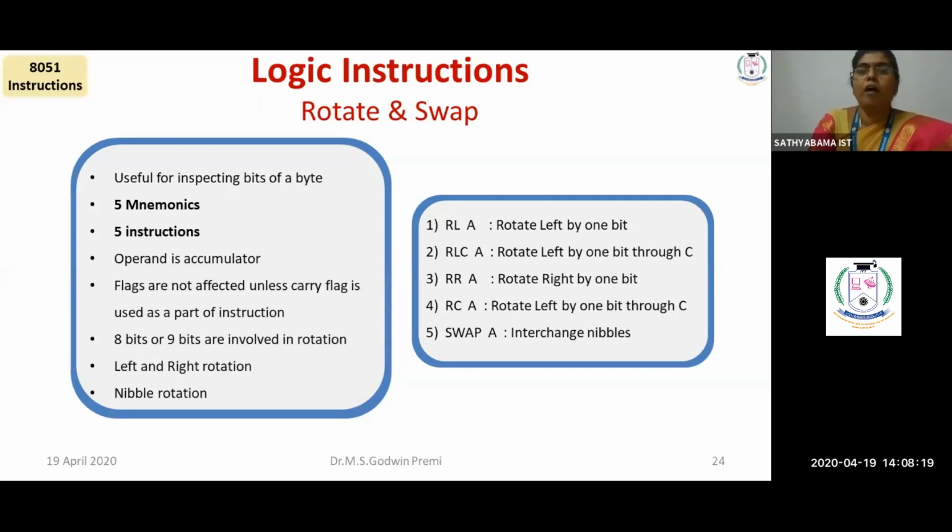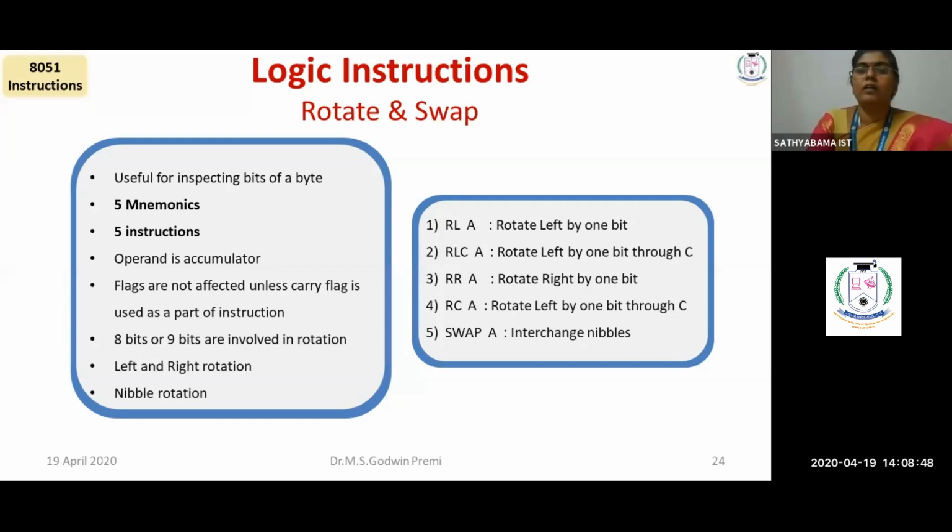So here operand is only the accumulator, no other operand can be used, and flags are not affected unless carry flag is used as a part of a mnemonic. In the mnemonic itself, if we have used the carry flag, then it will be affected, otherwise it will not be affected. Then we can go for 8 bits or 9 bits rotation and left and right rotation or nibble rotation. 3 types of rotations are there: 8-bit rotation or 9-bit rotation, left and right rotation and nibble rotation.